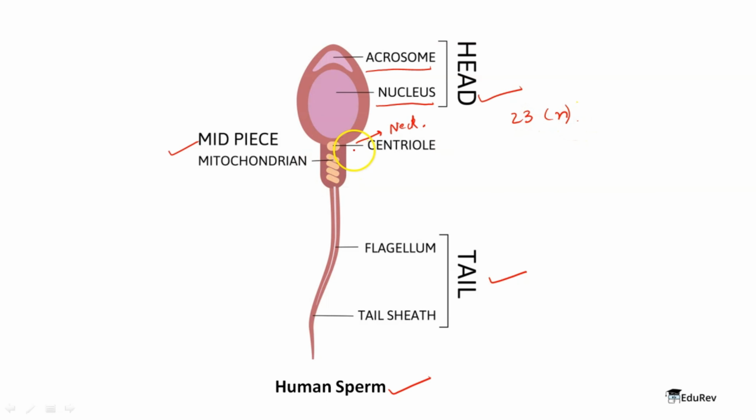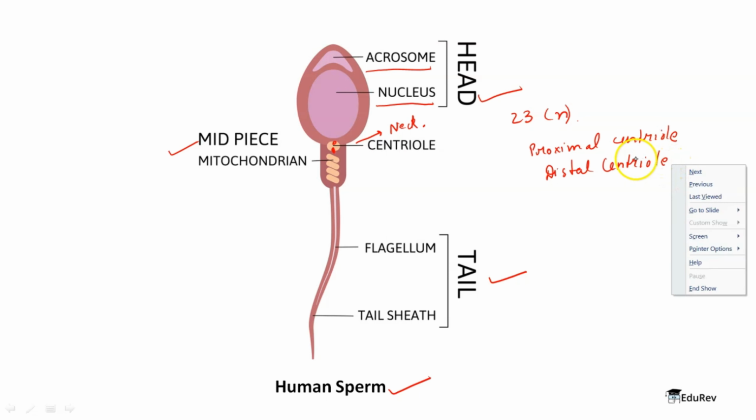Now let's talk about the neck region. There are 2 centrioles present in the neck region, right? Upper centriole is called the proximal centriole, which plays an important role if fertilization occurs. And the lower centriole is called the distal centriole.